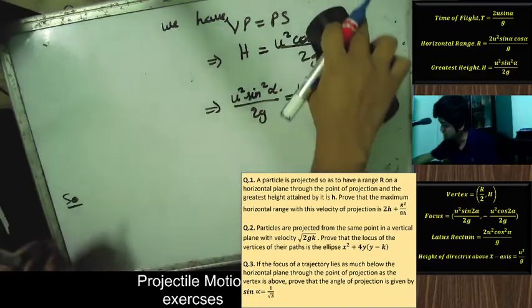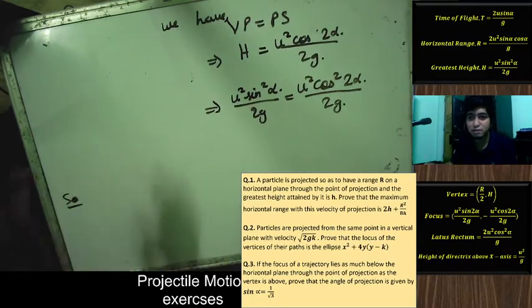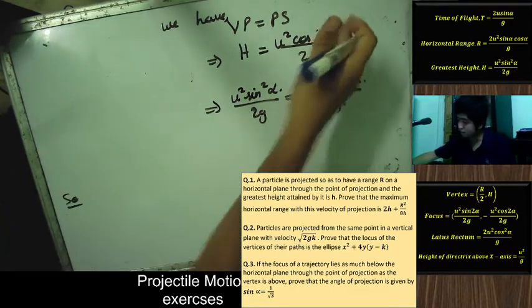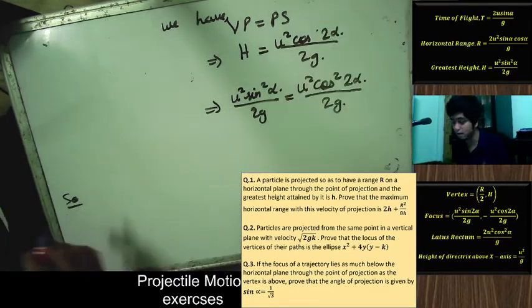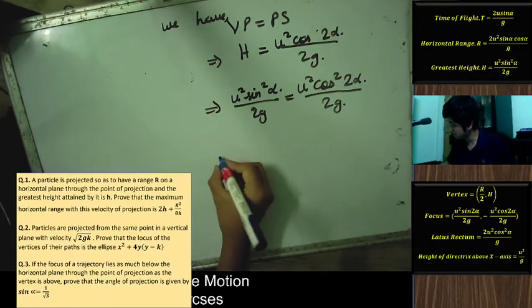Over here PS will be cos 2 alpha. Just make corrections over here in the picture as well. It should be u squared sine 2 alpha, u squared cos 2 alpha. It is not squared, it is 2. So just make some corrections.